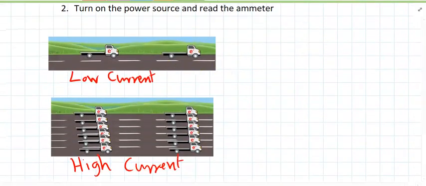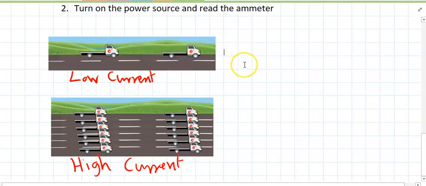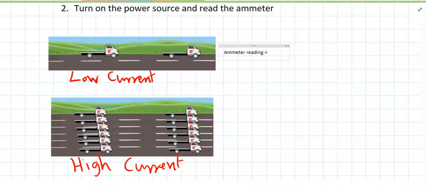So here's our trucks analogy again. A low current, if electrons aren't flowing very quickly, then the ammeter might measure the current as only 3 amps. Capital A for amps.